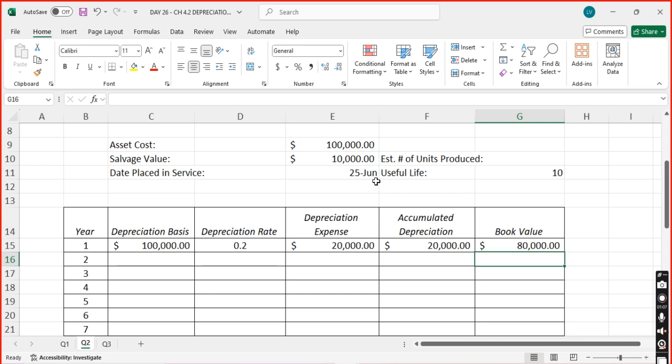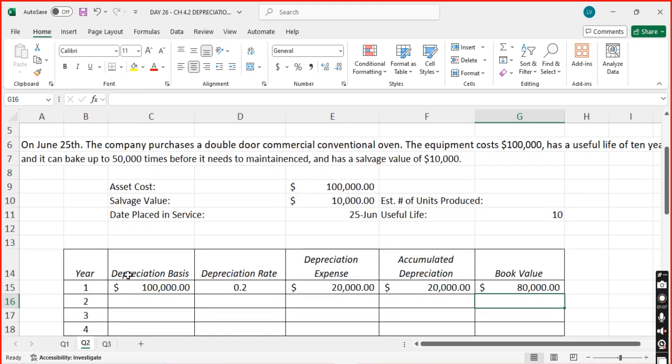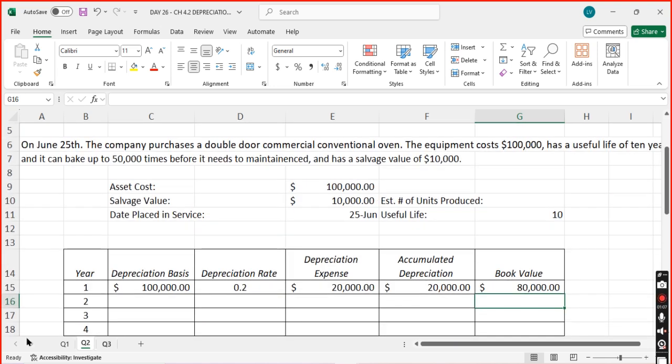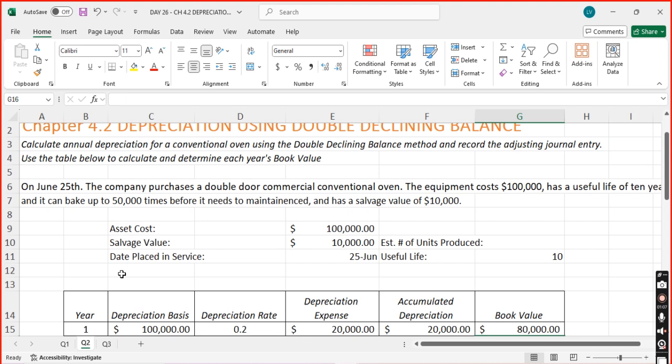Assuming I'm depreciating at the end of the year, December 31st, can I depreciate for the first year a total of $20,000 for my conventional oven? No, you can't. So remember, this is the accounting year, not the asset's year.